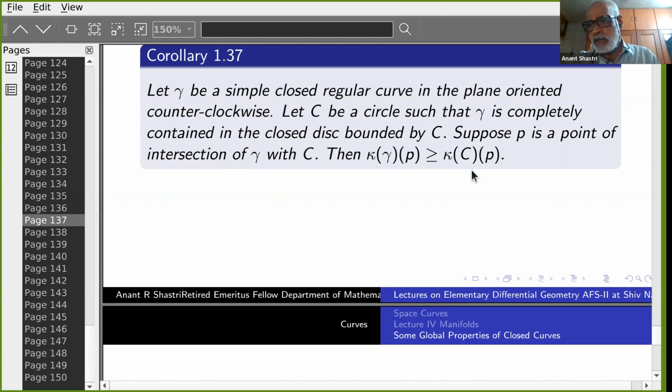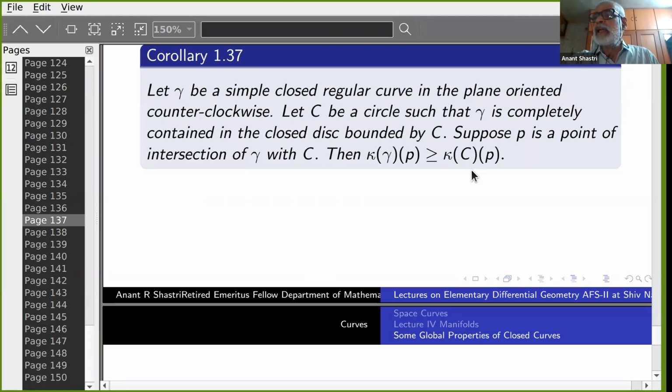Now what do you have? You have the circle, and let us say the x-axis is the tangent now. You can assume that P is (0,0) by changing the coordinates. So you have the circle completely contained above the x-axis, touching the x-axis. The curve is also there, but it is inside the circle.